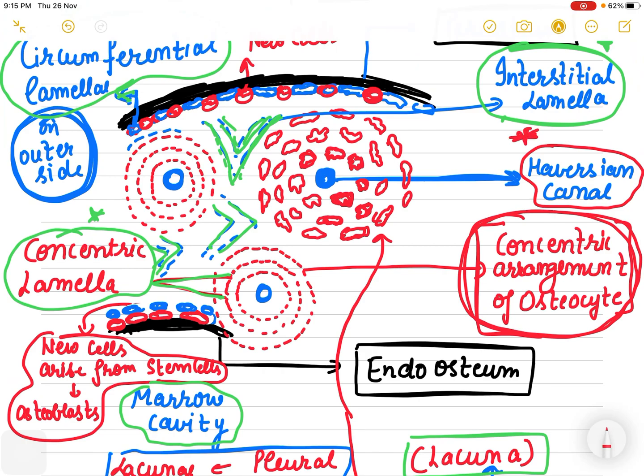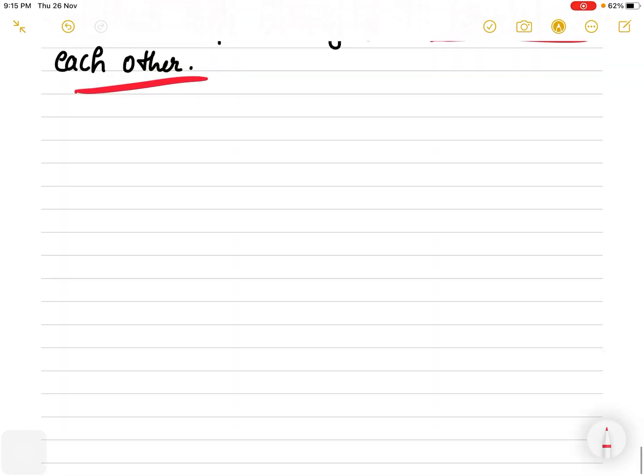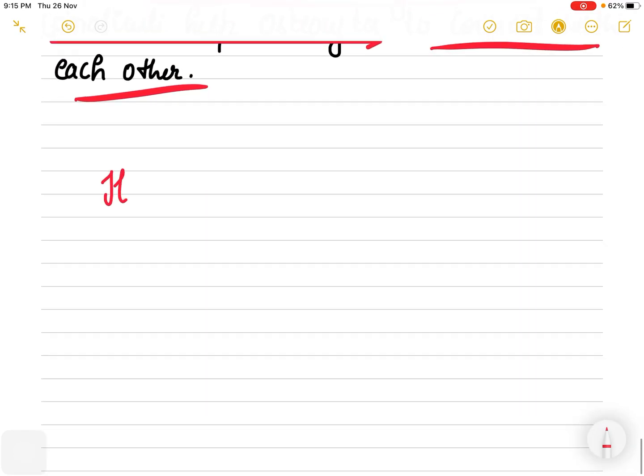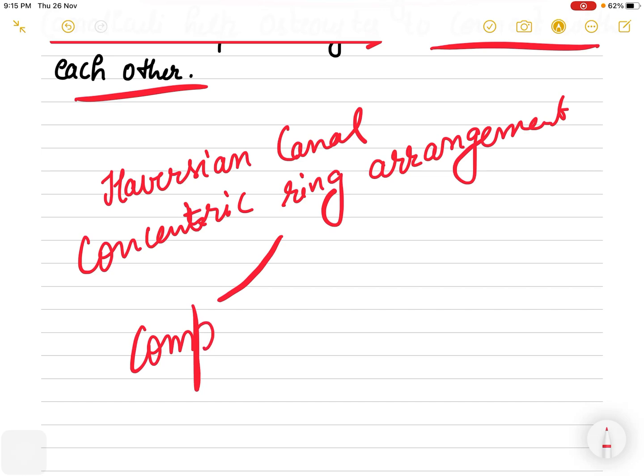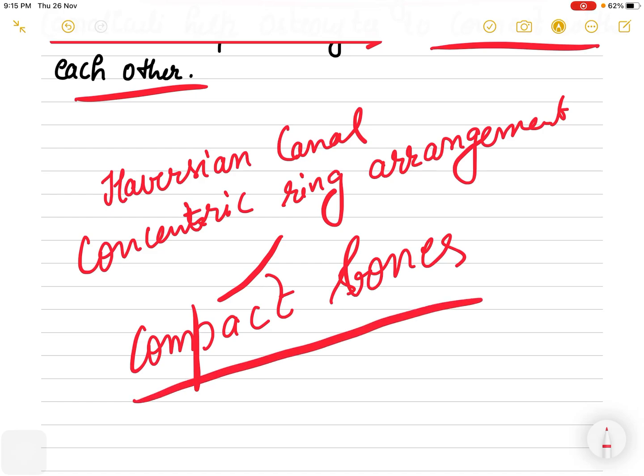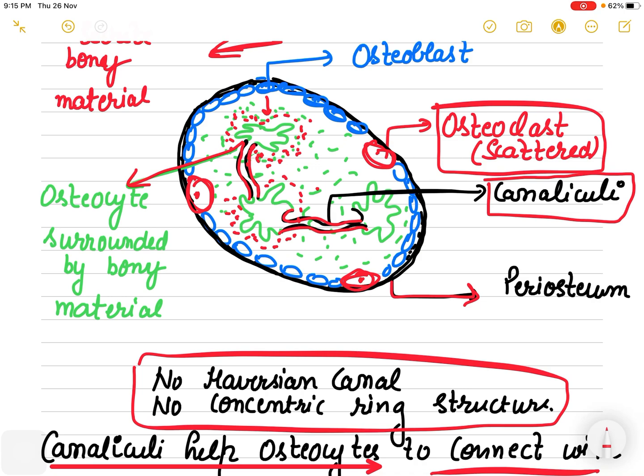Now the question which can be asked is that the Haversian canal, the concentric ring arrangement, is a special characteristic of which kind of bones? The answer should be very clear in your mind. It is the compact bones which show this characteristic structure, right? In the spongy bones, no Haversian canal or concentric ring structure is observed.